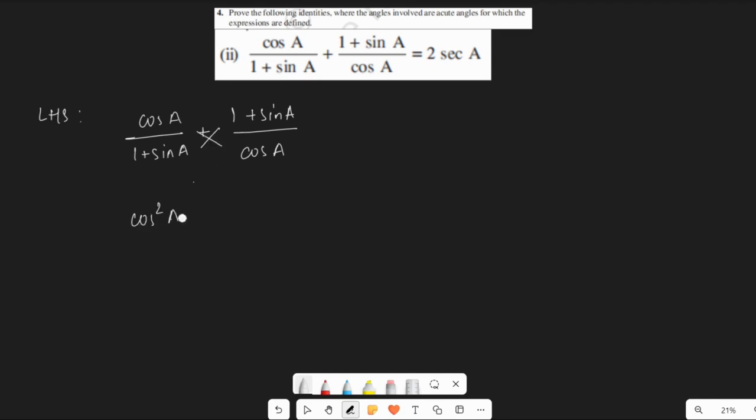This becomes cos square A plus (1 plus sin A) whole square by (1 plus sin A) into cos A.